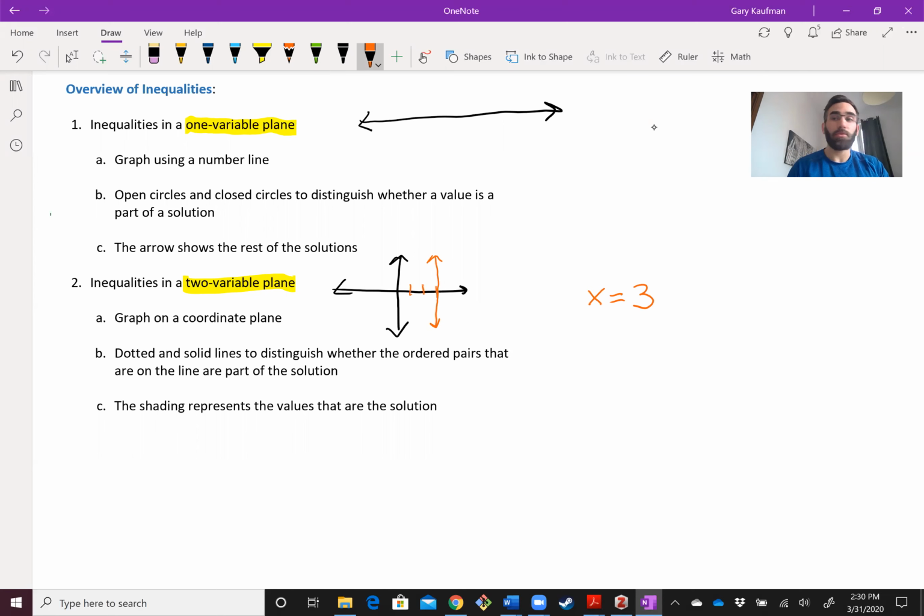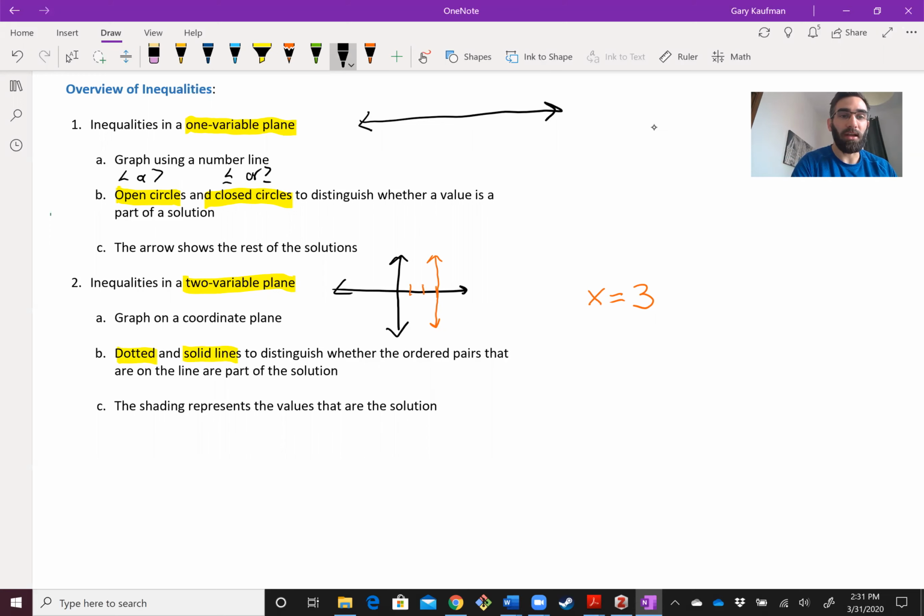Now, in one variable for inequalities, we distinguished open circles and closed circles to show whether we were strictly less than or greater than, or less than or equal, or greater than or equal. Now, in inequalities in two variables, we need another way. And what we end up doing is dotted versus solid lines.